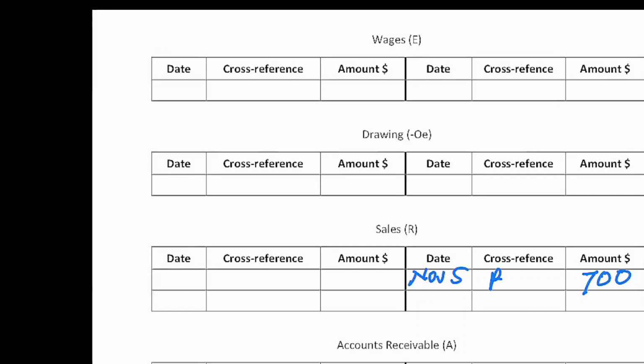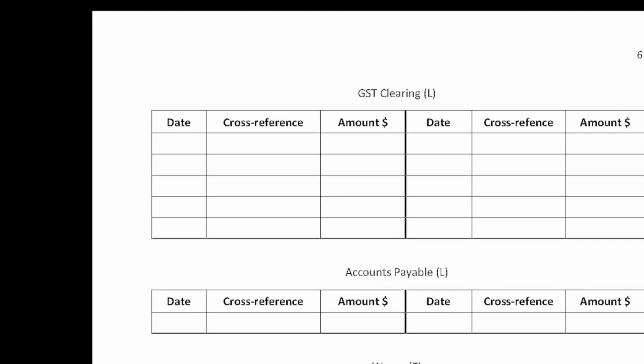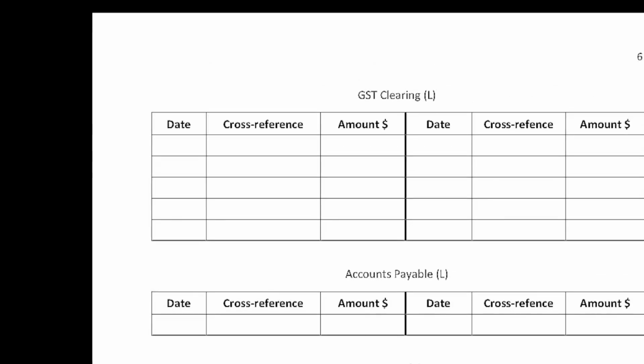Saying bank. Then there was another 70. What do you do to the GST? Debit or credit? Credit 70. Saying what? What's the cost reference?